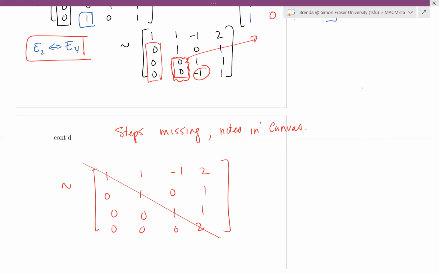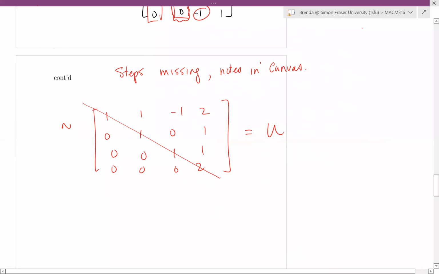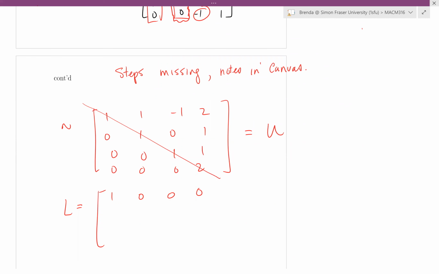I've got an upper triangular matrix. That matrix is U. Gaussian elimination is completed. Upper triangular. And at the same time, I've been building L. Tell you what that is. Building it as we go along. At least some people are clear about how L is being built as we move along.